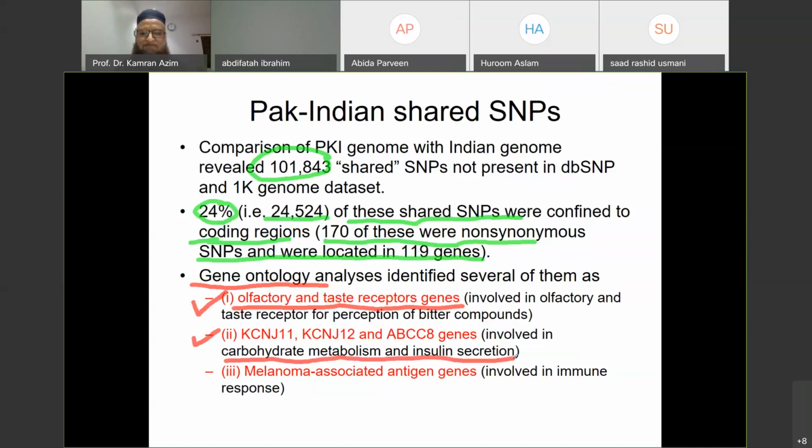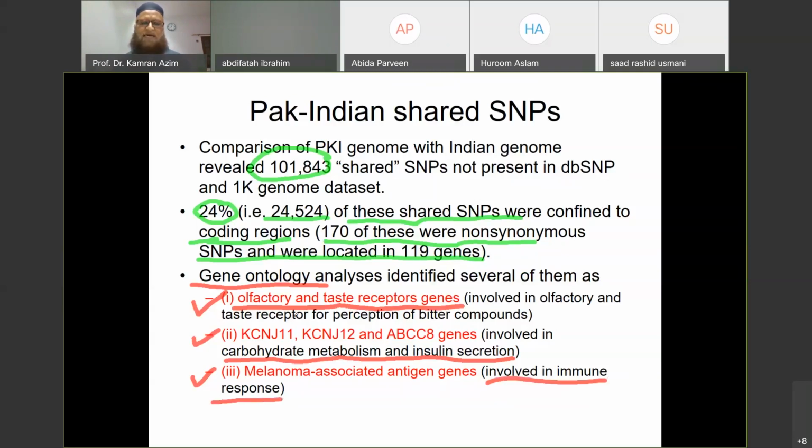Again, we know that people in the Indian subcontinent are very prone to diabetic conditions. So mutations in these genes can be related to diabetic condition or carbohydrate metabolism. Another class was genes involved in immune response.